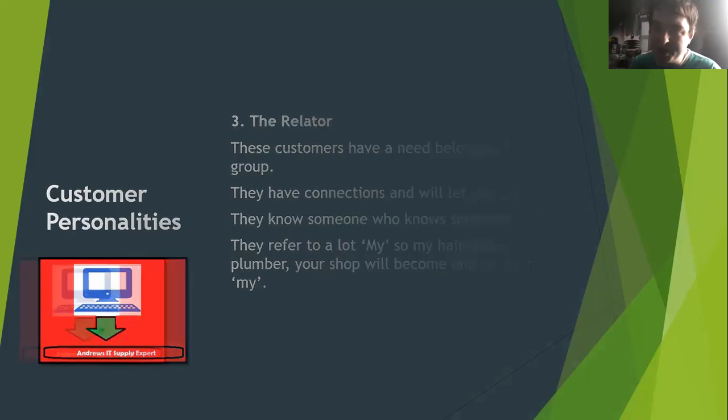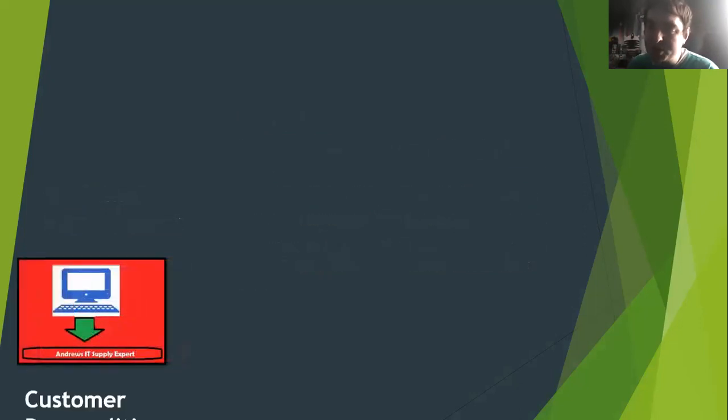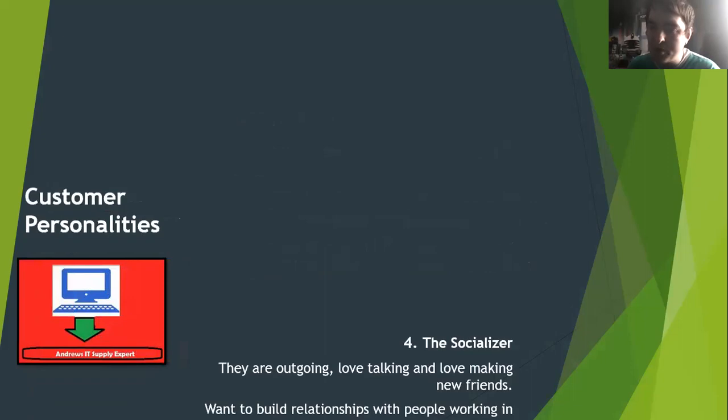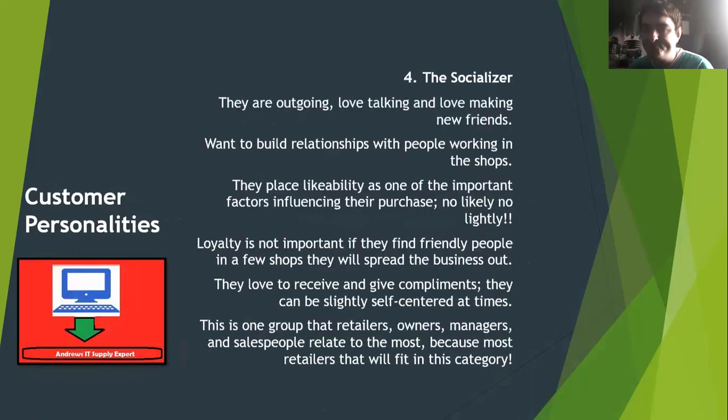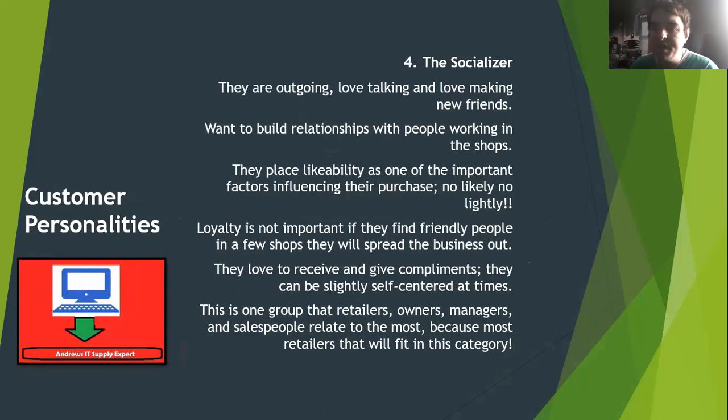Okay, next slide, we're going to customer personality number 4, which is the socializer. They are outgoing and they love talking and they love to make new friends. Basically, this customer personality is the best at making relationships and business relationships.